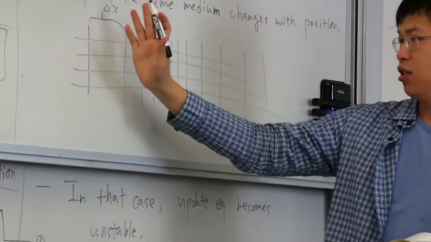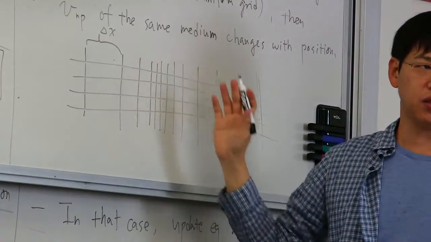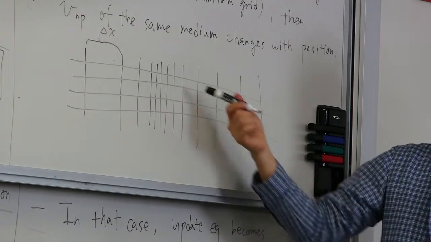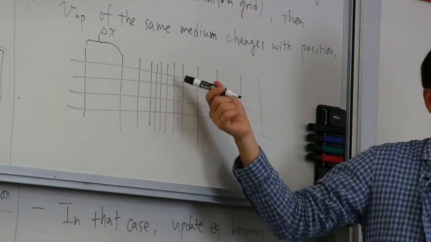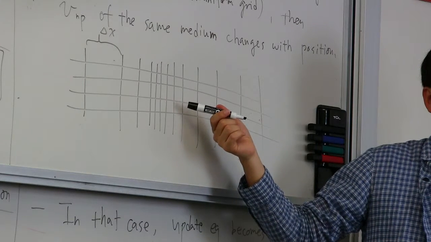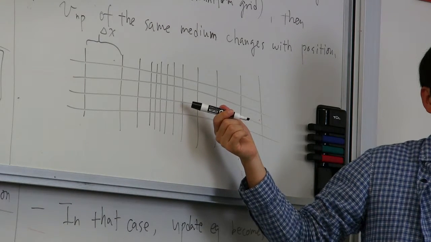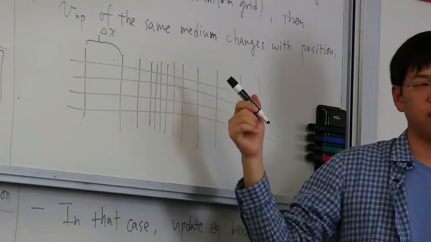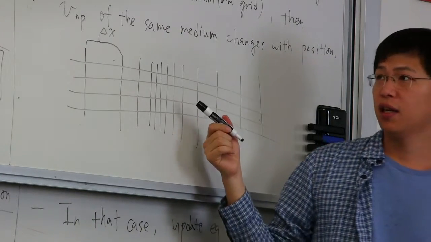It can change with position. So for example, if your scattering event is occurring in this area, by using a dense grid around the scatterer, you can resolve the phenomenon much better. So delta x doesn't have to be constant.